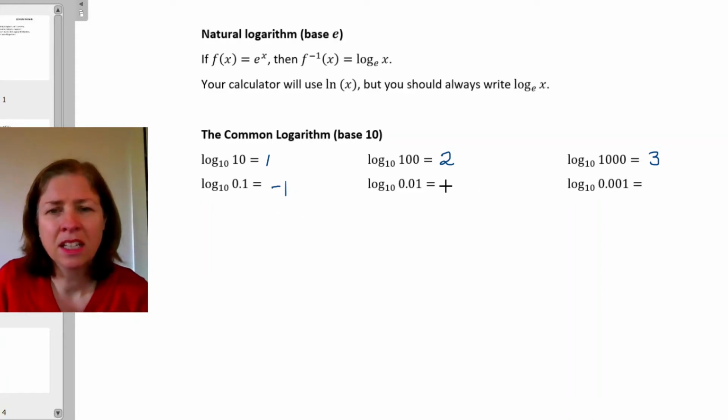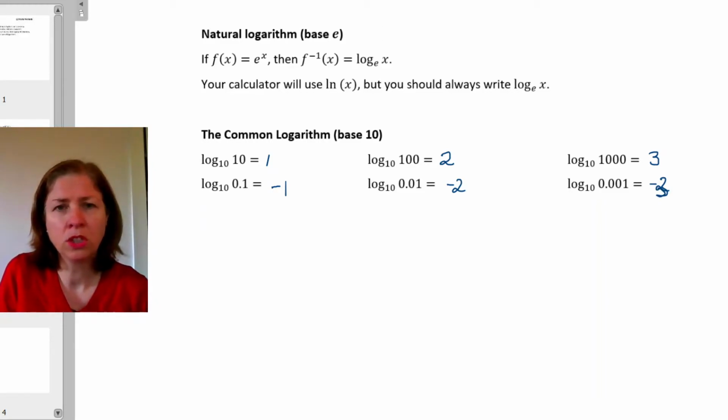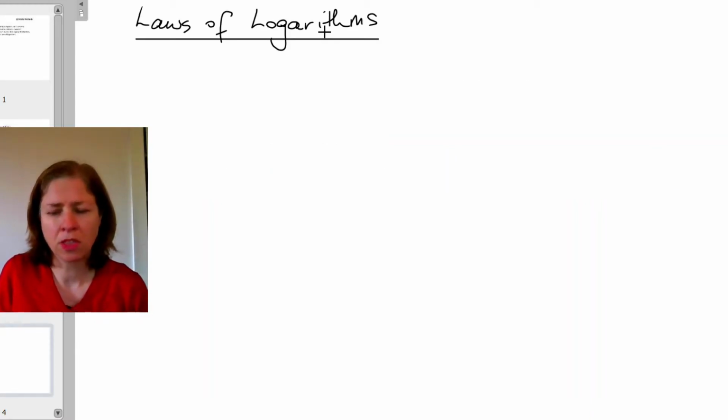Similarly here, log base 10 of 0.01 is asking me 10 to the power of what gives me 1 over 100, 0.01, and the answer is the power of -2, and this one the answer is the power of -3.